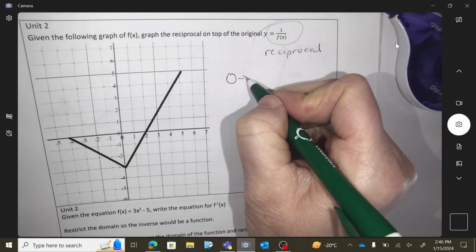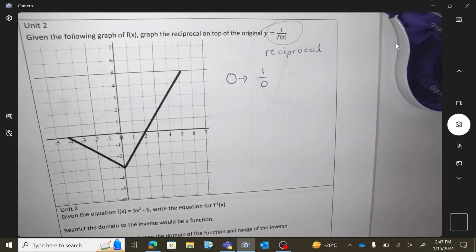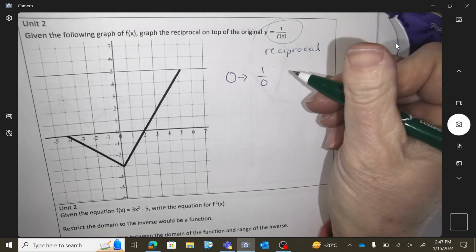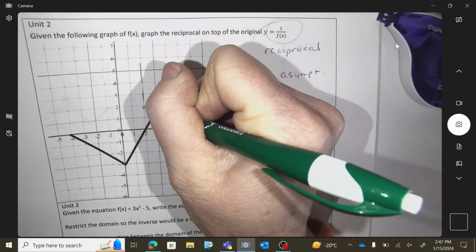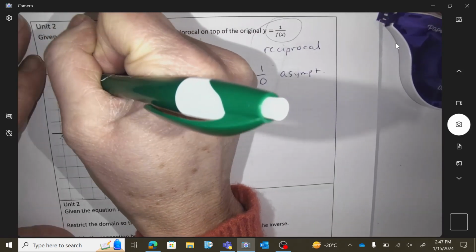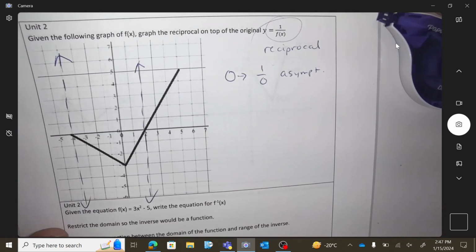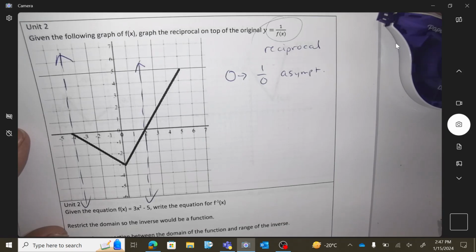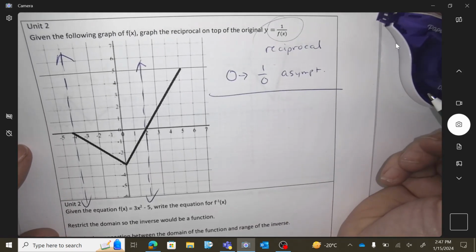So I always start with 0 because if you flip the height of 0, it's that, which is now what? Asymptote. So there's an asymptote at 2 and at negative 4. So that's always my step 1.